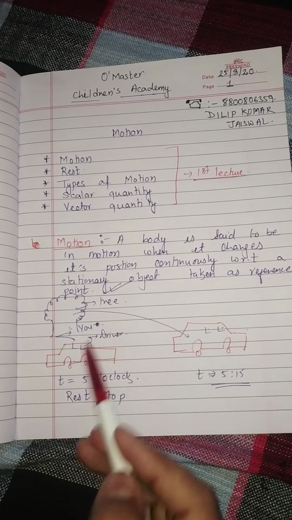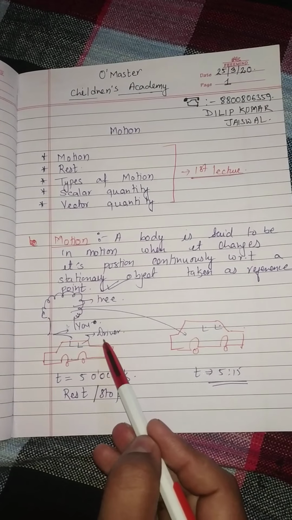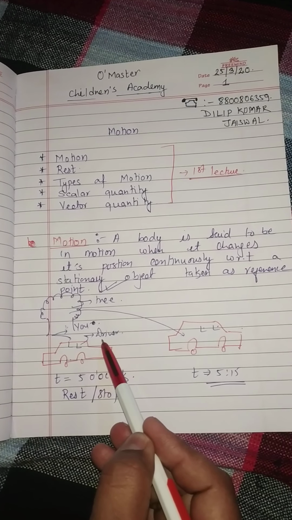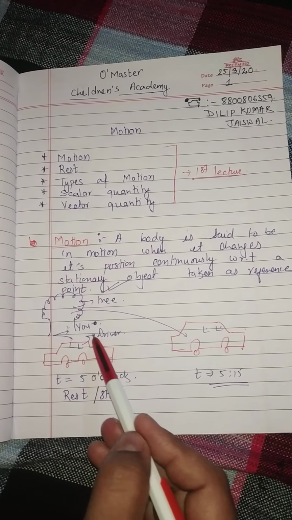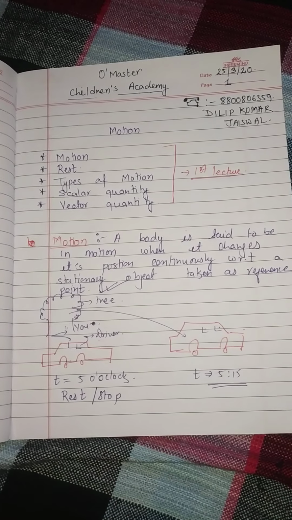So according to this definition, you can say this driver and you are at rest with respect to each other, and the driver and you are in motion with respect to the tree.